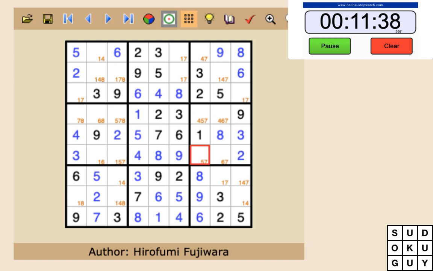I don't see any pairs or anything, or any mistakes so far. I guess I probably have to bifurcate. I don't really want to, but maybe there's some sort of XY wing or something I can look for. That's really fancy though.